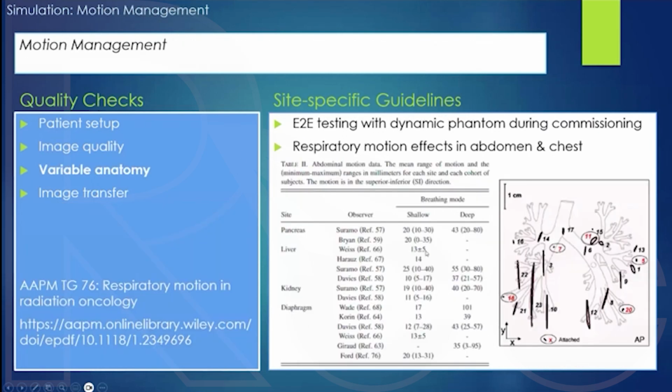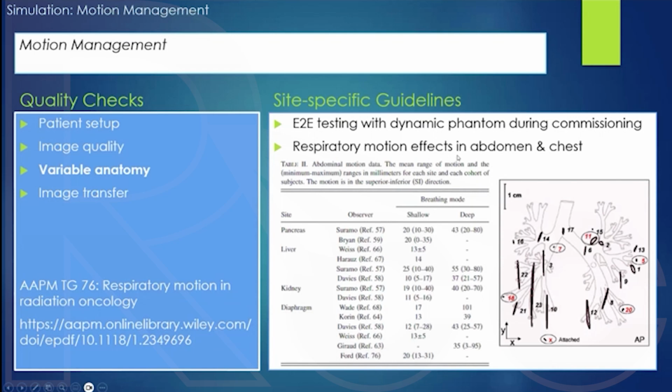Okay, so what about variable anatomy, and more specifically, the motion management? So if you're going to use motion management, so 4D CT simulation, it is so important to do end-to-end testing with a dynamic phantom first to commission the system before using it for patient care. Now, once this is done, then this provides very valuable patient-specific information.